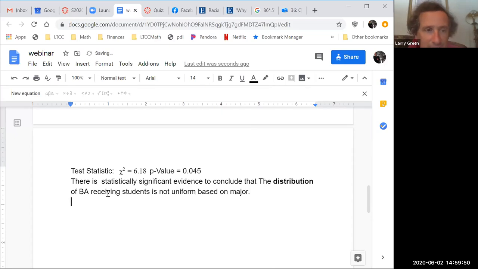That the distribution of BA receiving students is not uniform based on major. Any questions? Any questions on the conclusion? Any questions at all on that?